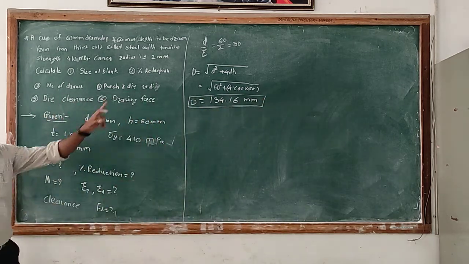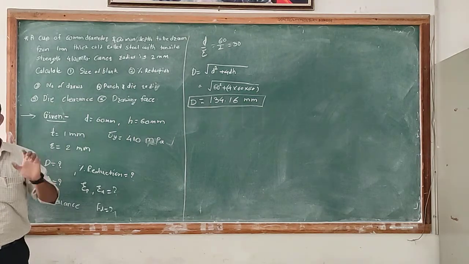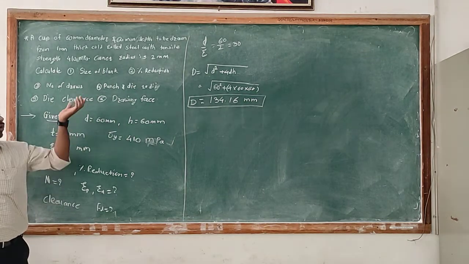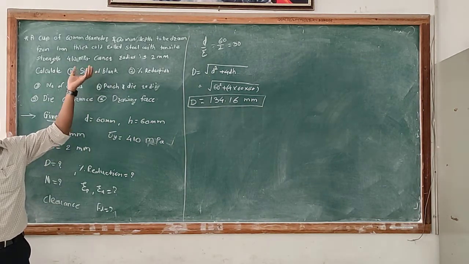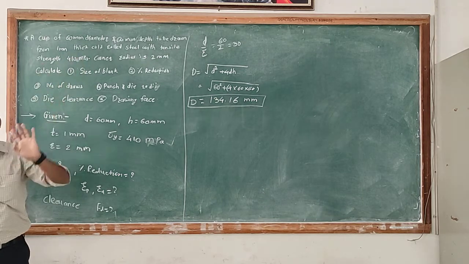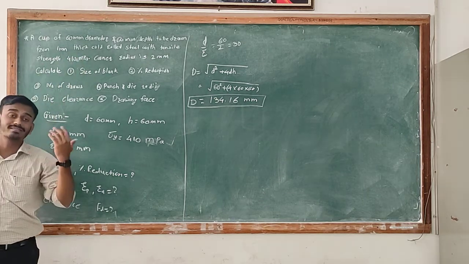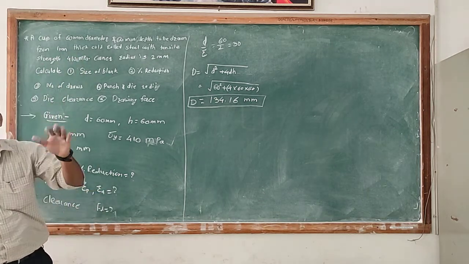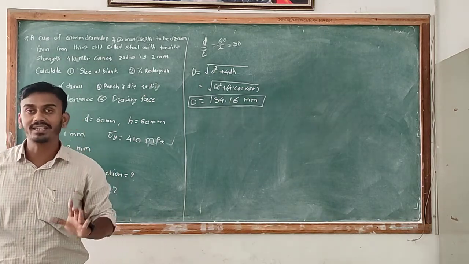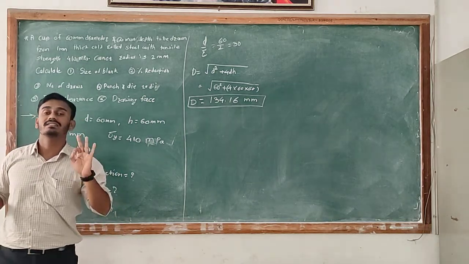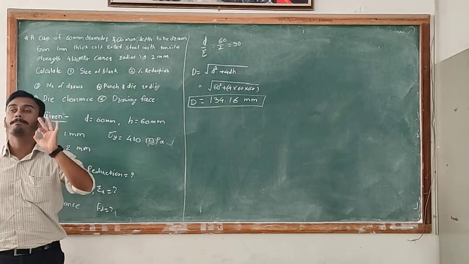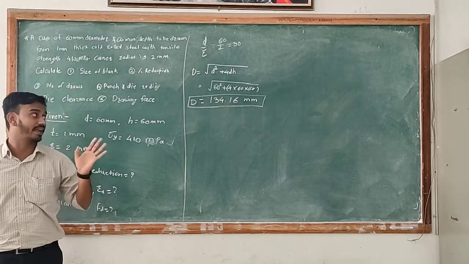Now they ask us the percentage reduction. Remember, here they do not say in the numerical to consider the trimming allowance. As we discussed in the last session, the trimming allowance is added to the blank size and is equal to 3 mm per 25 mm diameter of the blank.